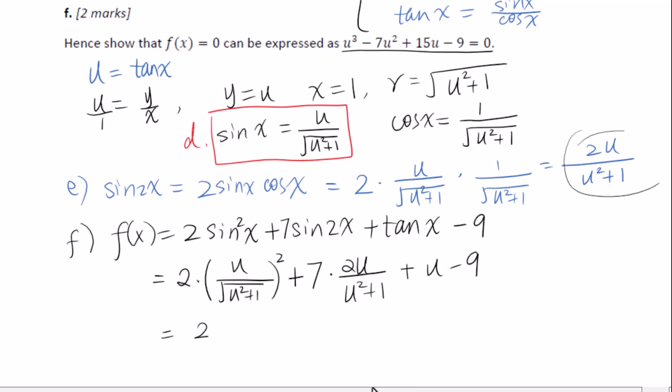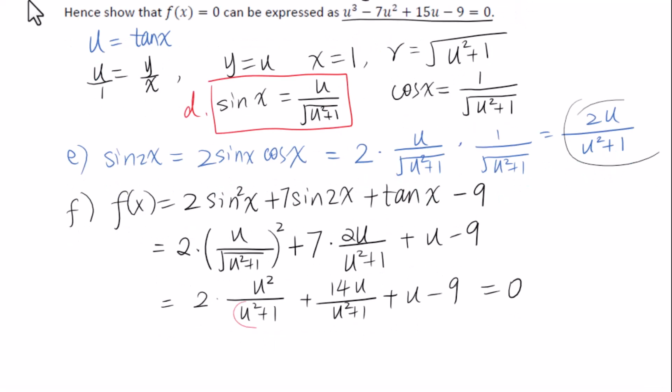Simplify: 2 times u squared over u squared plus 1, plus 14u over u squared plus 1, plus u minus 9 equals 0.